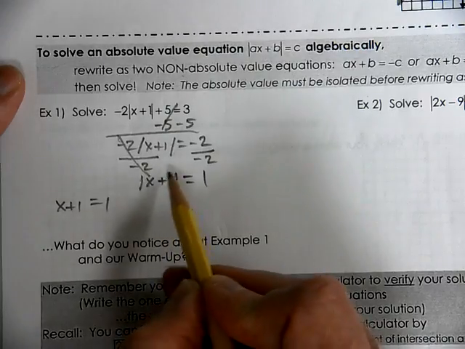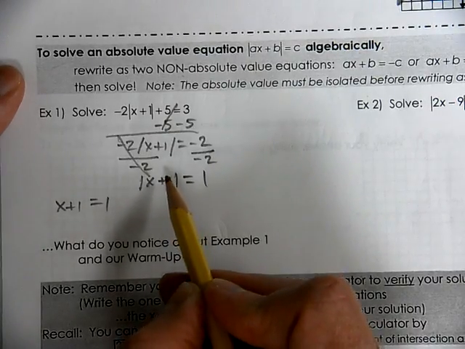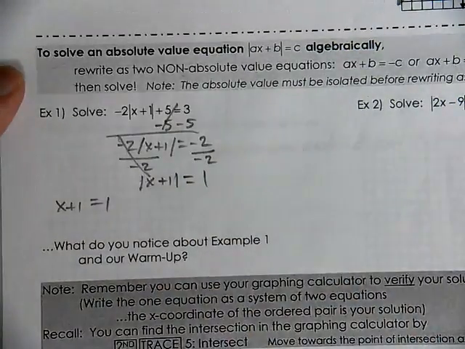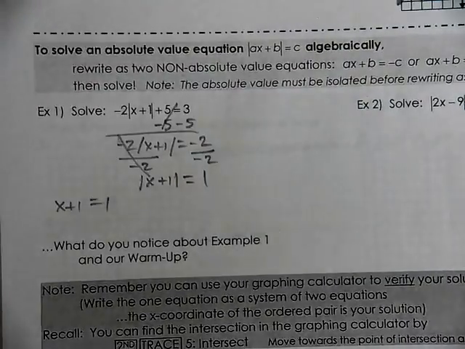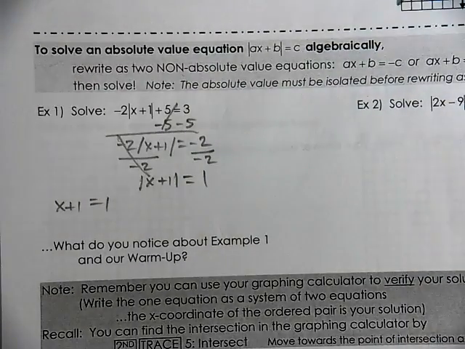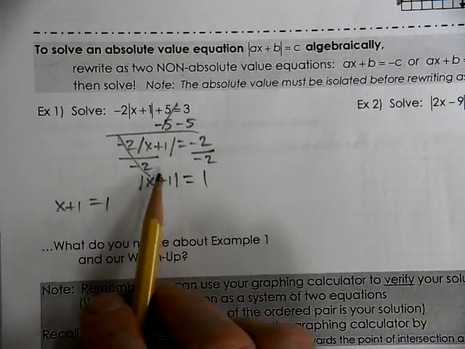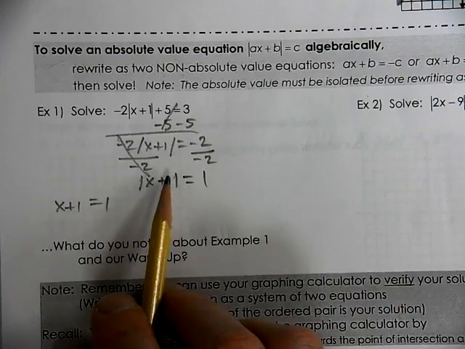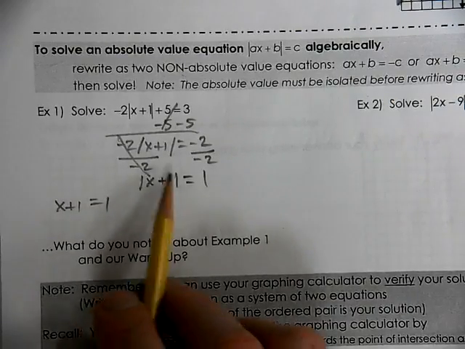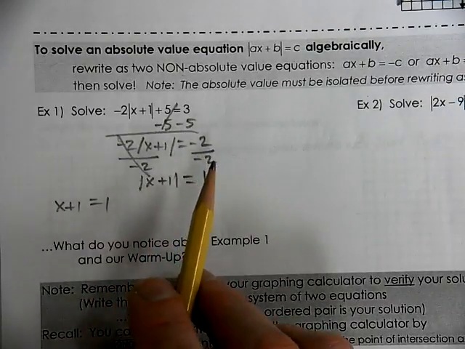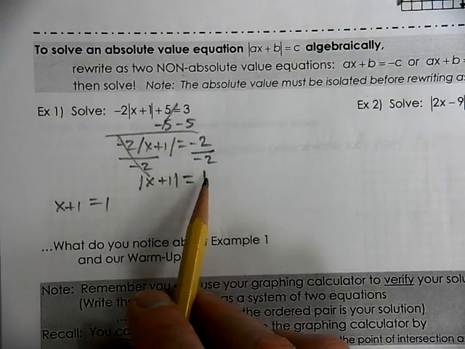What if the inside of the absolute value was something different than 1? What would taking the absolute value do and still make it the value of positive 1? What could be inside the absolute value? You haven't even taken the absolute value yet. What could that number be to make this pop out as a positive 1?